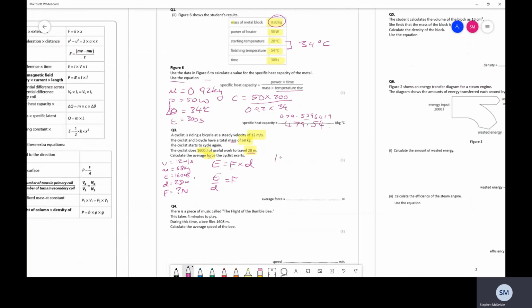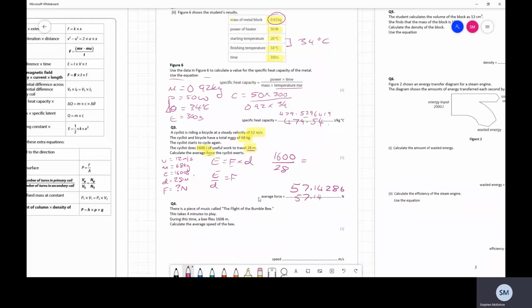I have energy of 1,600 divided by the distance, 28 meters, which will equal the total amount of force. 57.14286. But because there are no issues here, no decimal points or anything like that, I'm just going to return it as 57.14, just to make it a little bit more tidy.